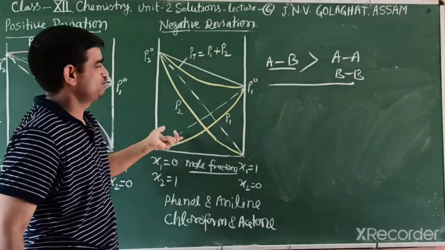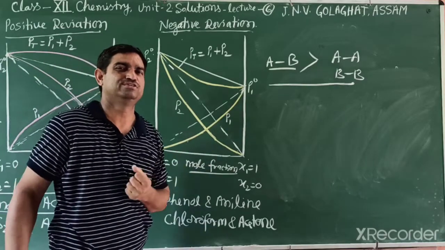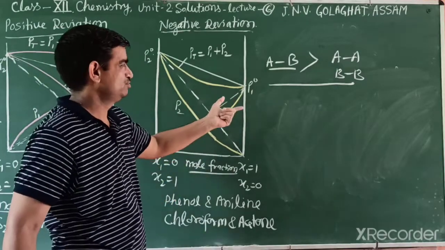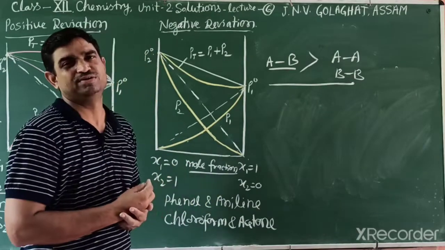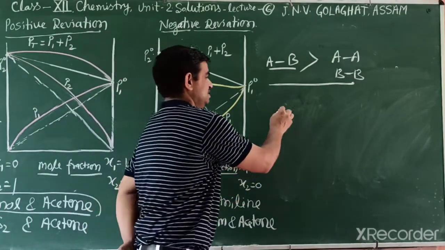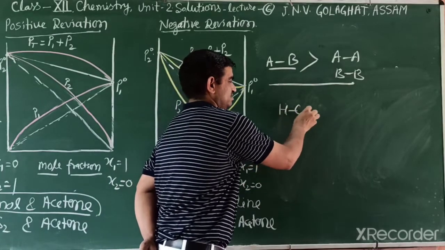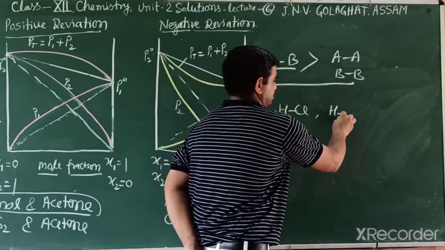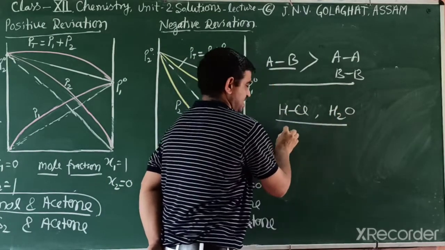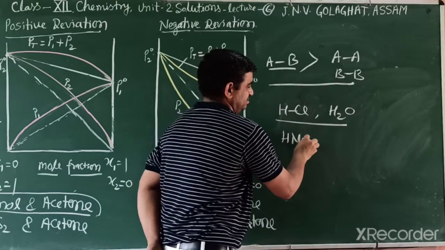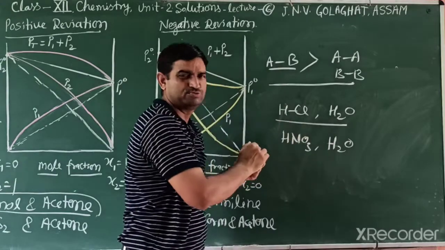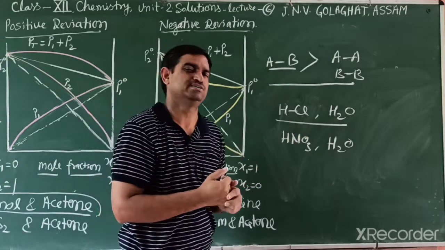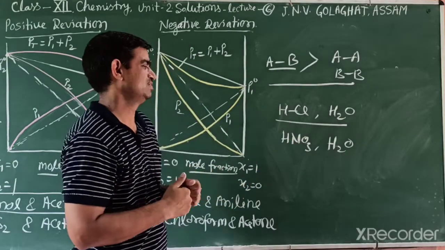Such solutions are non-ideal solutions. If the force is stronger, they show negative deviation. For example, HCl and water, HNO3 and water. These are examples because the new force formation is very strong and shows negative deviation.